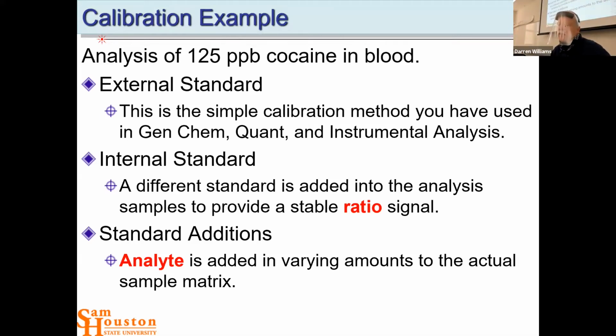You'll see this again, and I'll talk about it again, but I just want to mention here at the beginning, internal standard is great for reducing sample to sample noise.